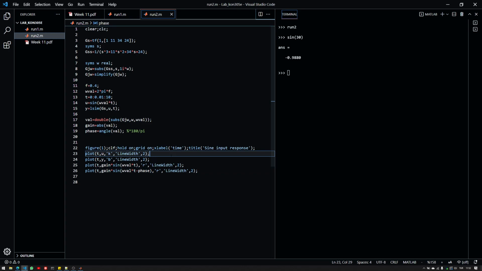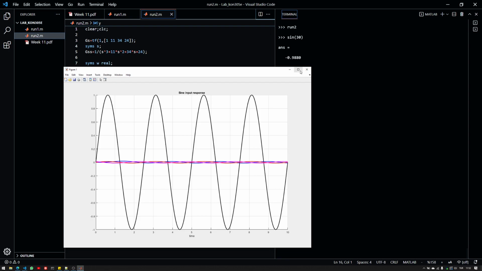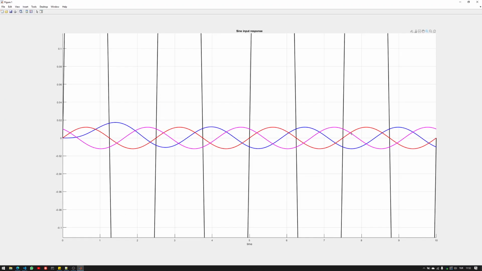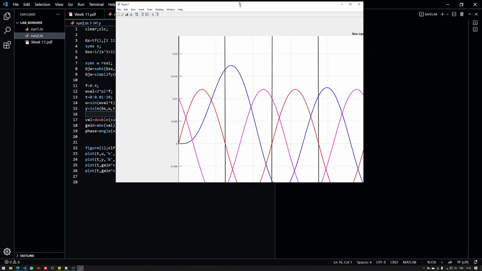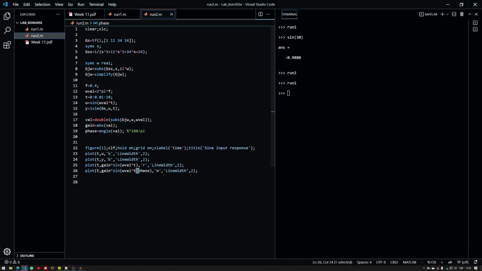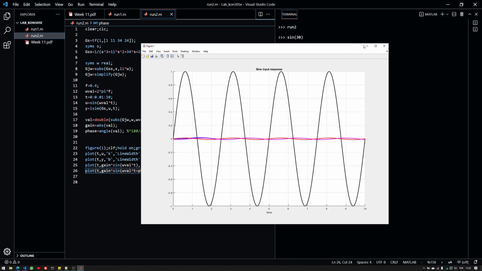Minus phase, let's see what happens, but let's give it another color. And hopefully, yeah, maybe adding it is a better idea instead of subtracting it. Seems like the case. Yep.